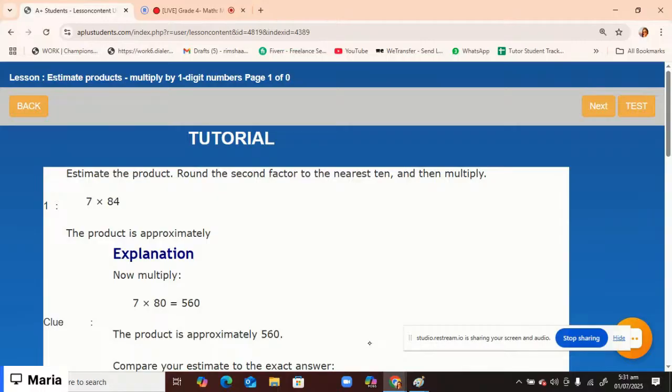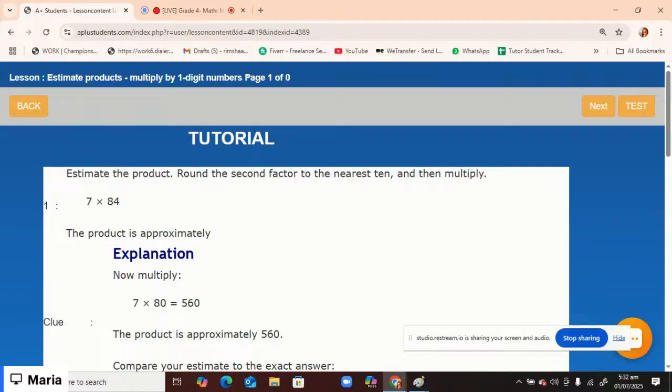Okay, now estimate the products, round the second factor to the nearest 10 and then multiply. First of all, we are going to round the numbers to the nearest 10. It means that the second digit we are going to round by checking the first digit. Okay, if they are saying 100, then we are checking the second digit and then rounding the third one.